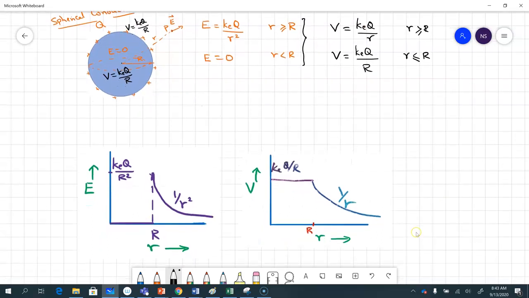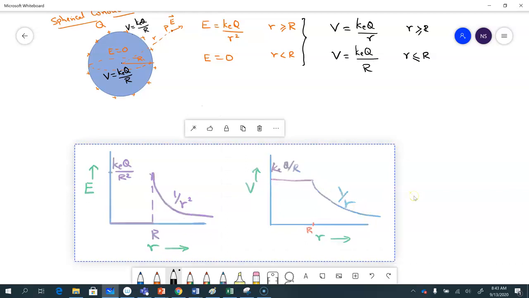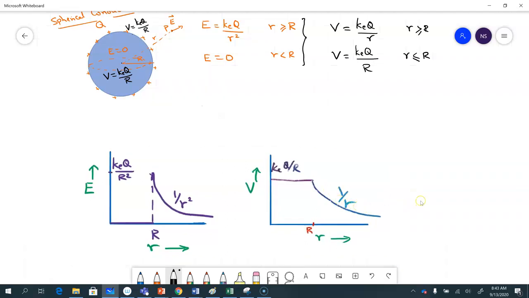What we have seen is the electric field is 0 inside the body of the conductor. Outside it goes like 1 over R squared, KEQ over R squared. Potential is a constant. Any point, whether you're at the center of the conductor or somewhere else, there is your potential. That's a constant, and it falls as 1 over R once you go outside.